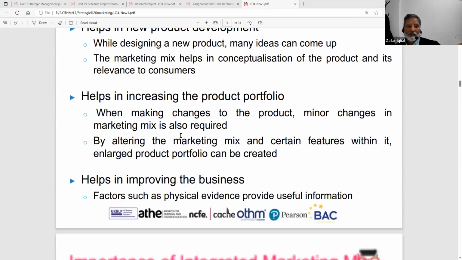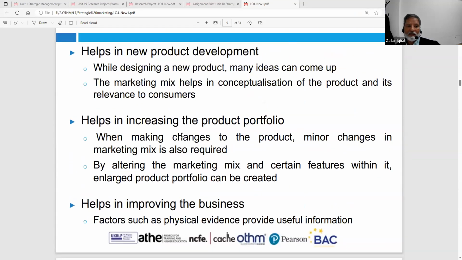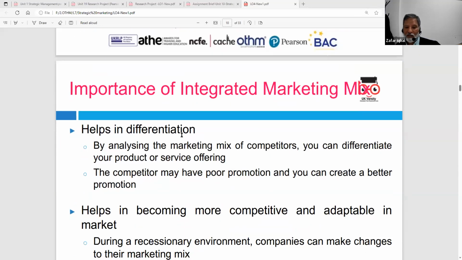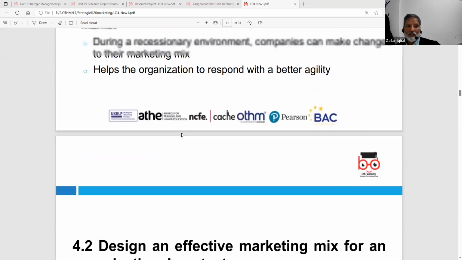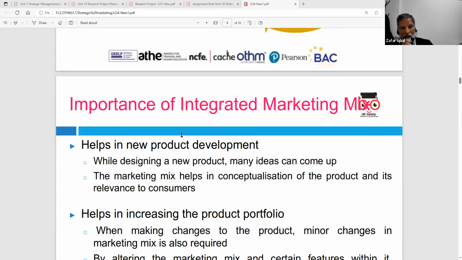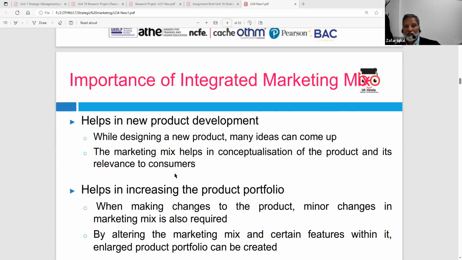Okay, so let's look at it. It helps also in differentiation, and it helps in becoming more competitive and adaptable in marketing. That's why we need to look at the integration of the integrated marketing mix. Okay, so first one, how does it help new product development? Now, it helps new product development in the sense that it conceptualizes the products and their relevance to consumers.